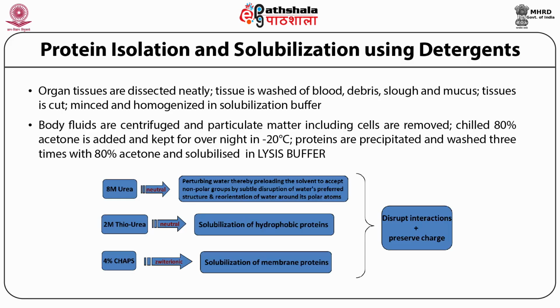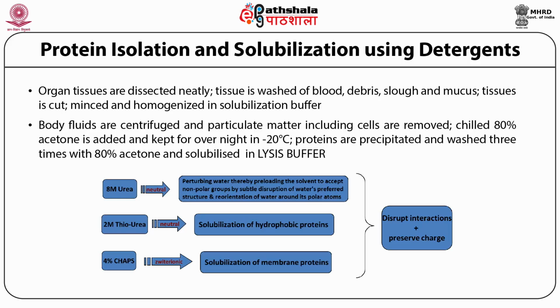This solubilization buffer comprises strong detergents and denaturants: 8 molar urea, 2 molar thiourea, and 4% CHAPS. These reagents are either neutral or zwitterionic, meaning that they do not impart any charge to the protein.